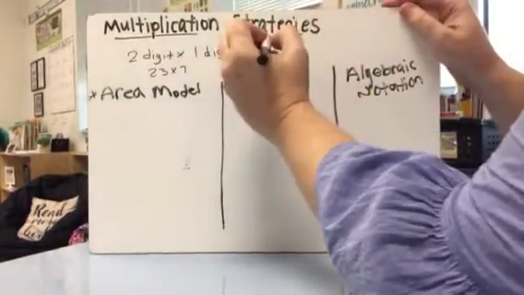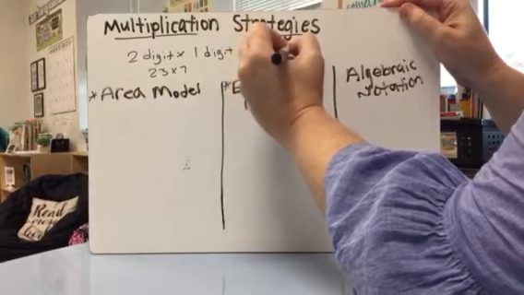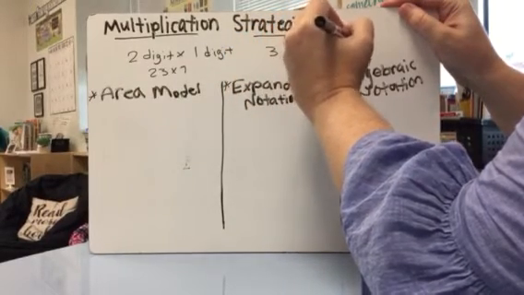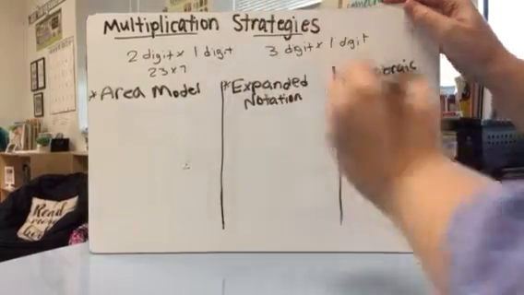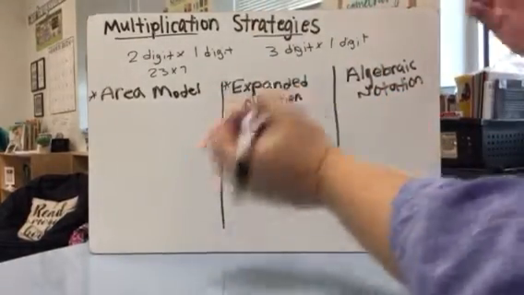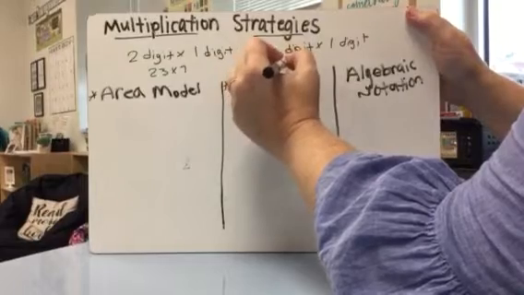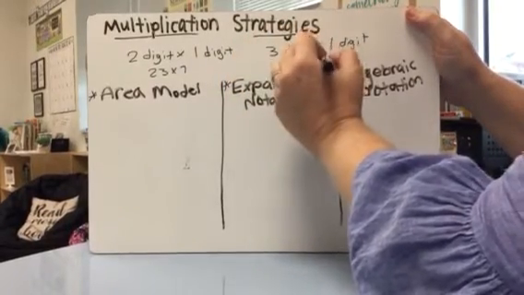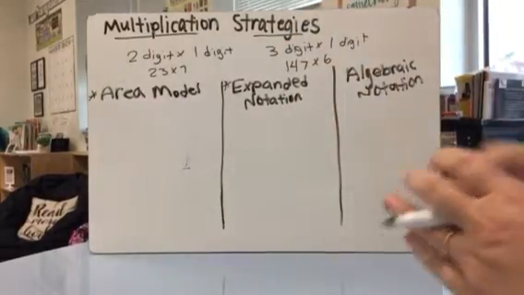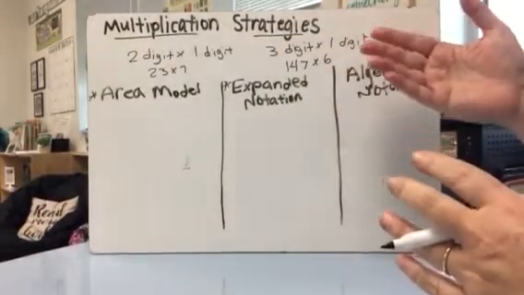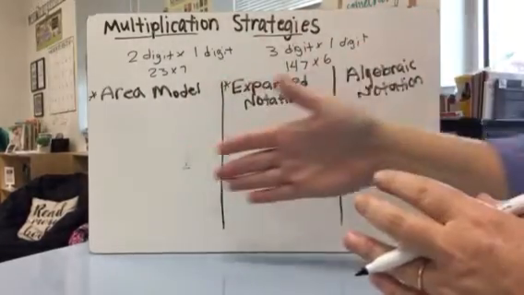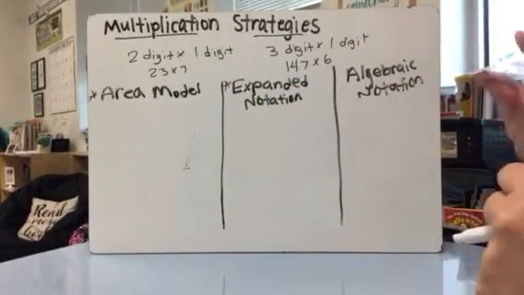And we will be learning up to 3-digit by 1-digit, which will be the example problem for today that we're going to do. Let's say we're going to do 147 times 6. Okay. That is the highest that they will need to go, but if they wanted to do a 4-digit by a 1-digit, they could use any of these strategies.